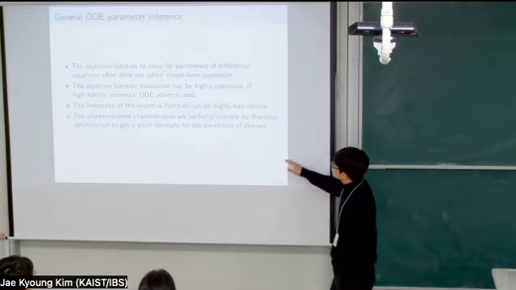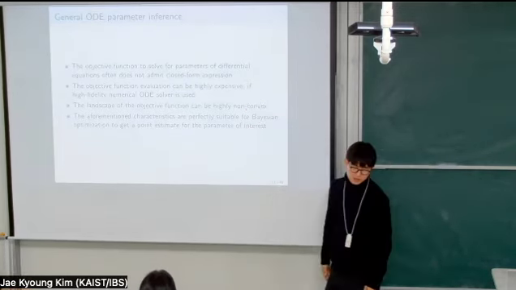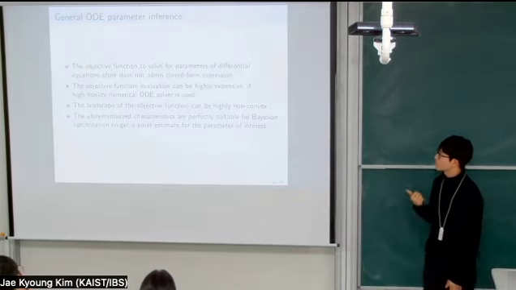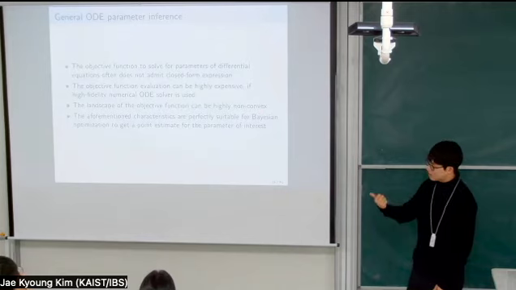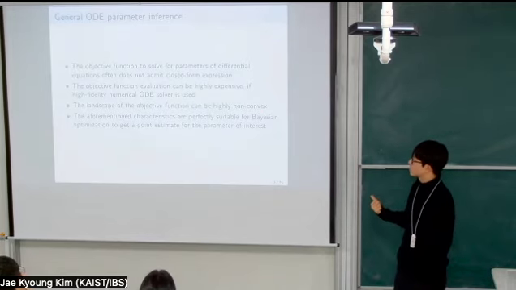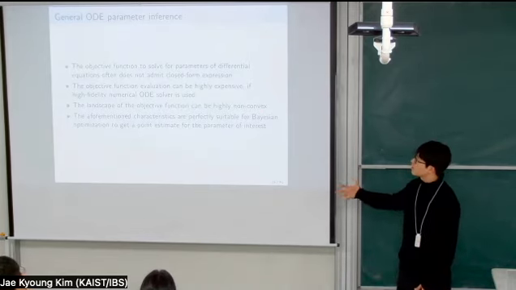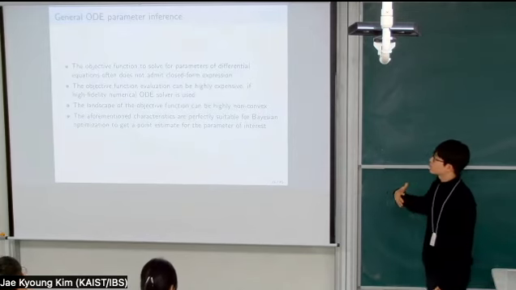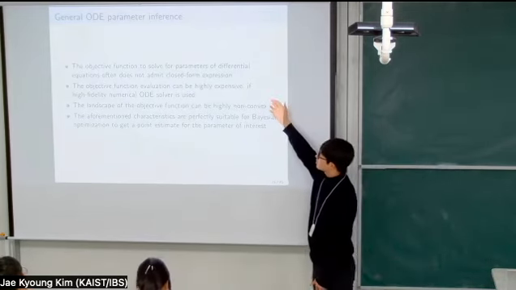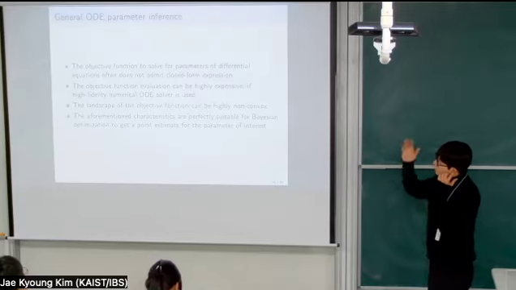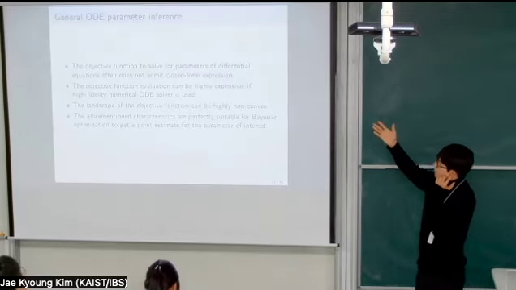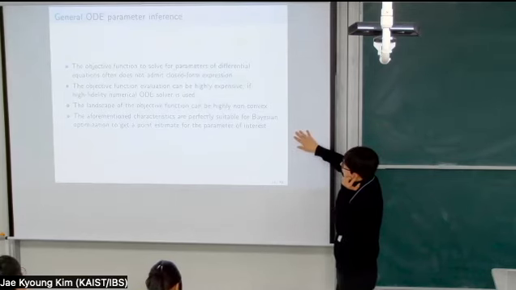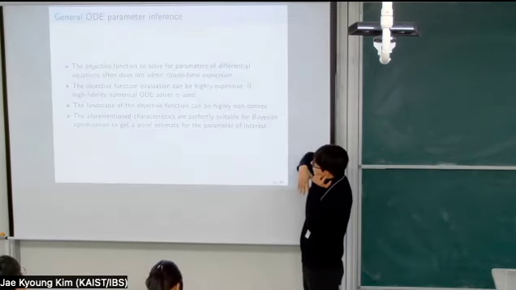The objective functions that I just introduced involve a solution of the ODE, which is very expensive. The example that I've shown you is very simple, but as the model gets more complicated, this can be very, very expensive. So we would like to evaluate as few times as possible, but still get a good parameter value. Bayesian optimization naturally serves as a good candidate, but it doesn't provide an uncertainty quantification tool, which I'm going to address soon.